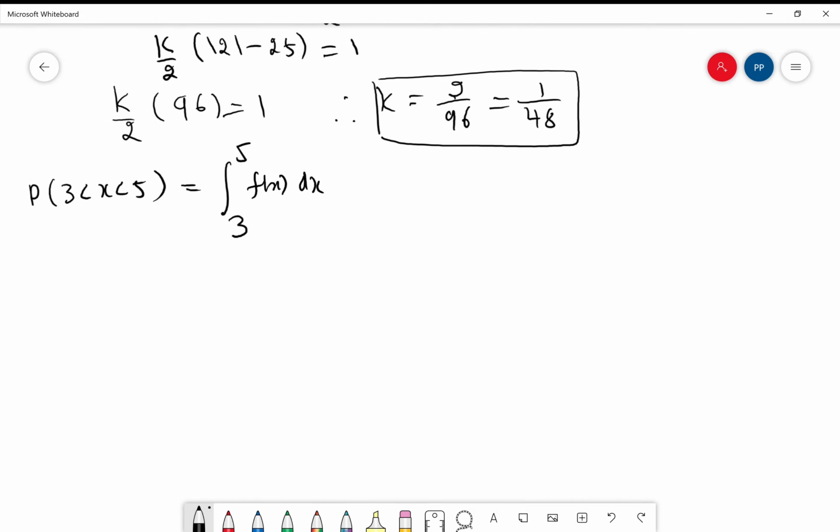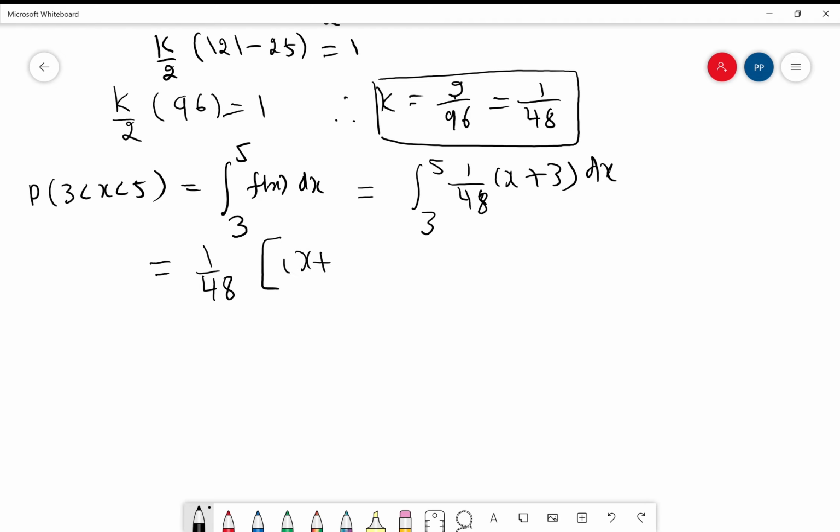Therefore, substituting for that, we are getting integral 3 to 5 of 1 by 48 into x plus 3. Now the integral is simple, we already did it, only the limits are different. 1 by 48 into (x plus 3) whole square by 2. Take the limits.